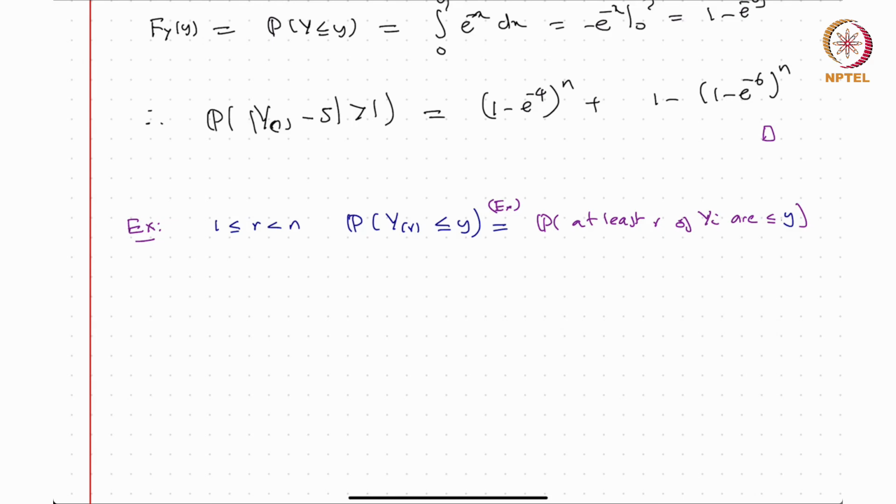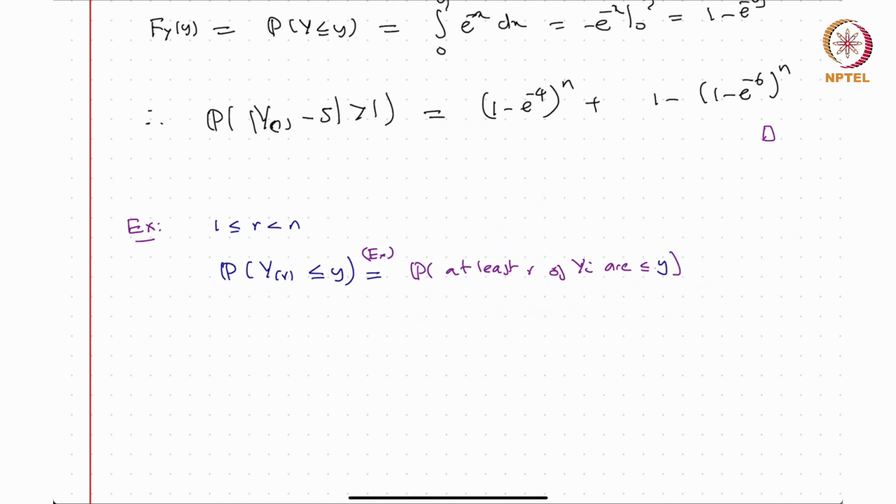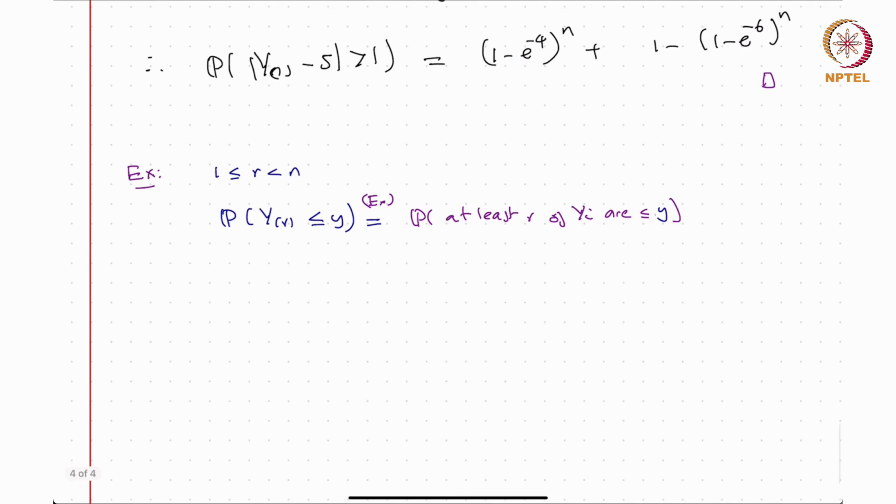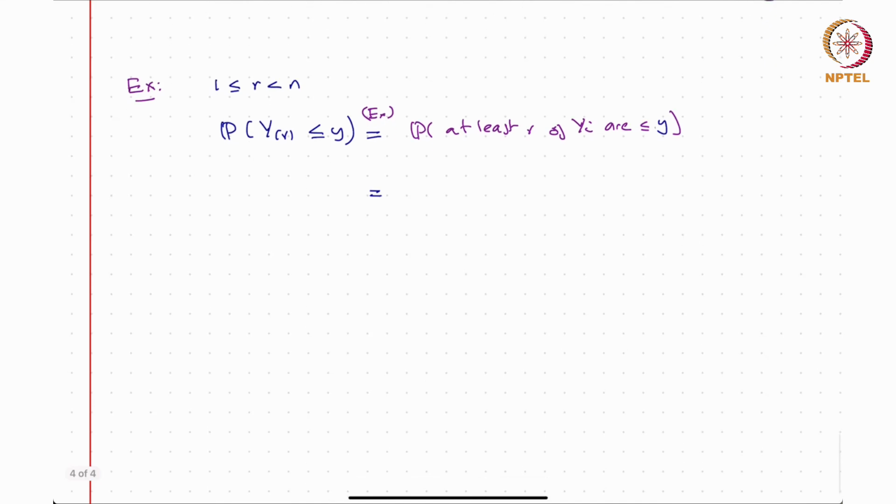Now there's a simple exercise to do this. I will just allow you to check my book to see how to finish this off. All you need is at least r, so r up to n of the random variables are less than or equal to y.